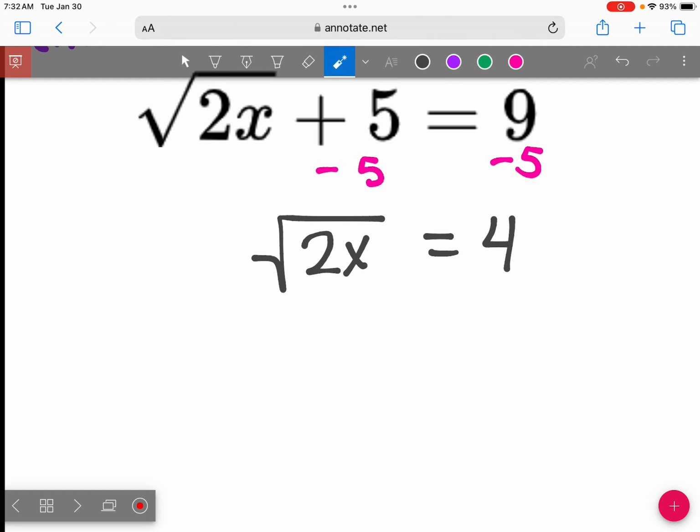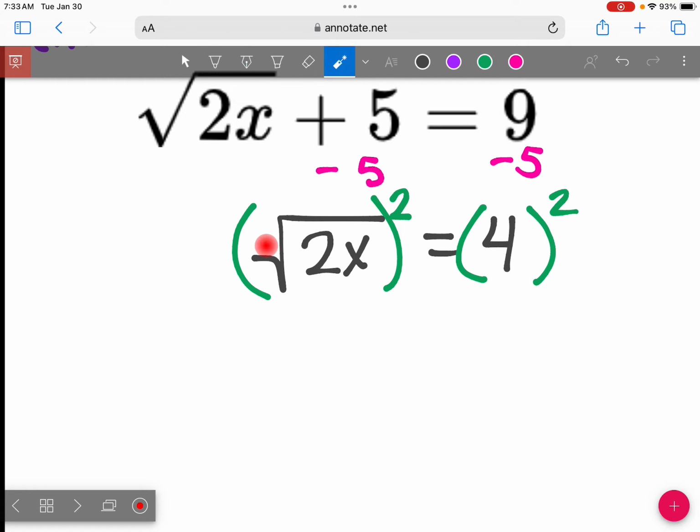Do I need to do anything else to isolate it? We're going to do square next because it is isolated. The square root's all by itself. So my next step is to use my power. So I'm going to raise it to the power of my index. So the square root of 2x squared equals 4 squared.